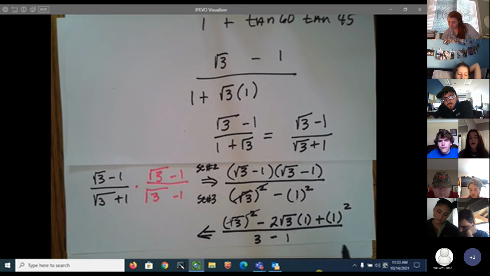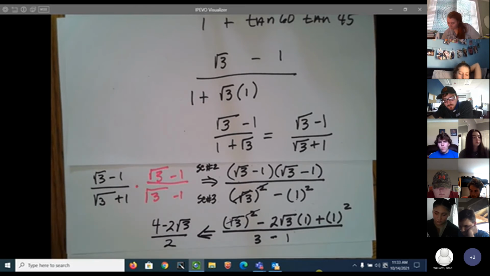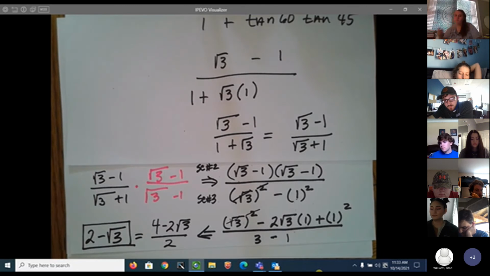That cancels there, so that's 3 plus 1 is 4. 4 minus 2 square root of 3 over 2. And you can factor out a 2, and the 2's will cancel. 2 minus square root of 3, that's what I got. And your answer is 2 minus square root of 3.